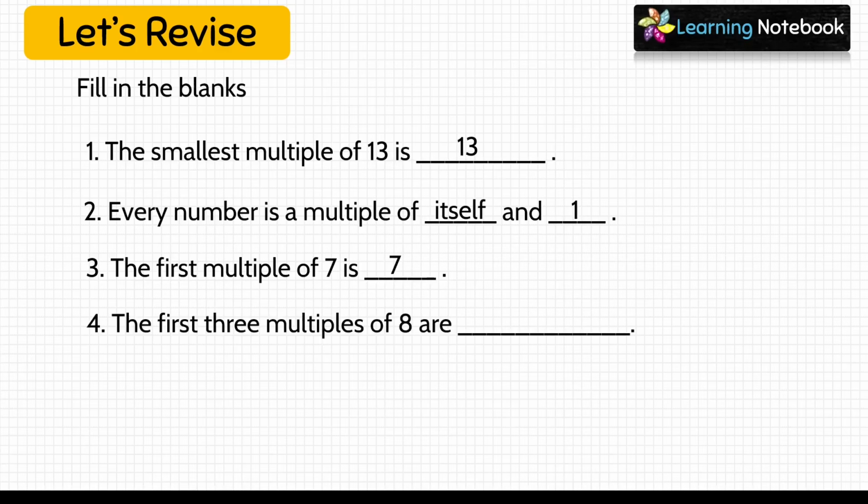Question 4 is, the first 3 multiples of 8 are dash. For this, we will do 8 into 1 equals to 8. Next, 8 into 2 equals to 16 and 8 into 3 equals to 24.